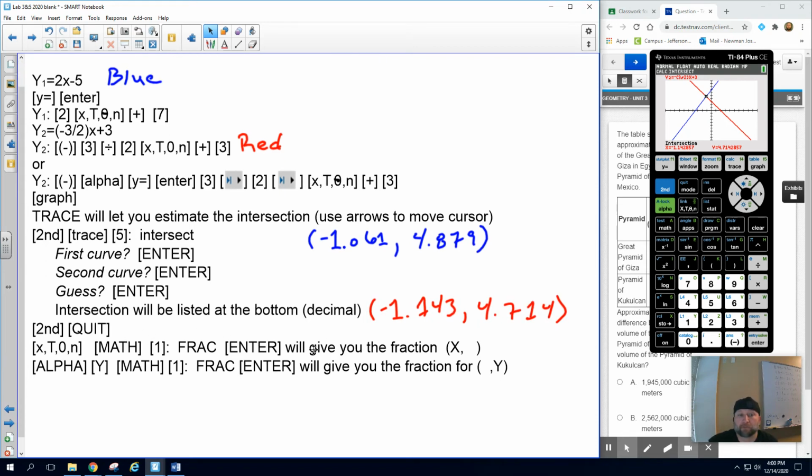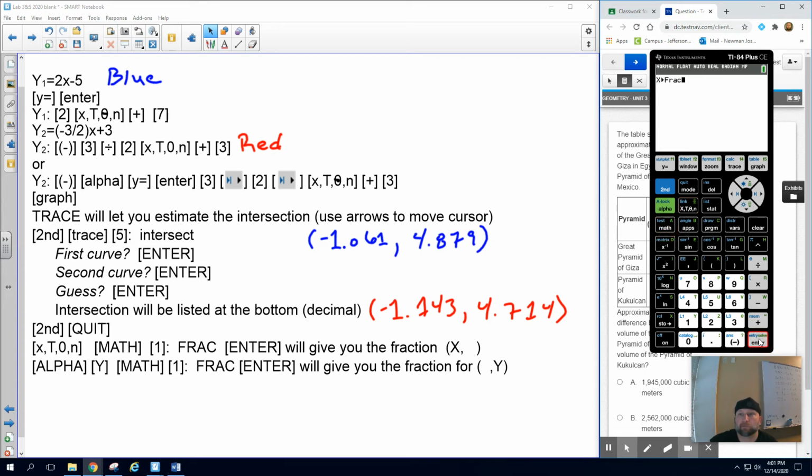Now, in order to create these as fractions, we have to hit second and then quit or mode. And from there, we want to hit the variable button. And that way it gives us the X, math, and see how it's already on fractions.